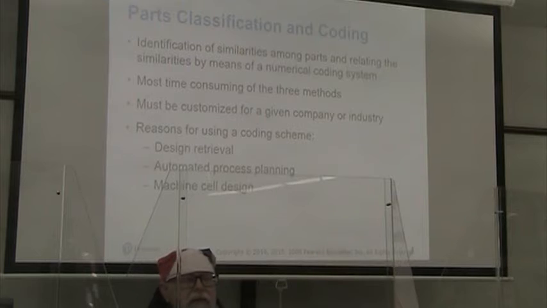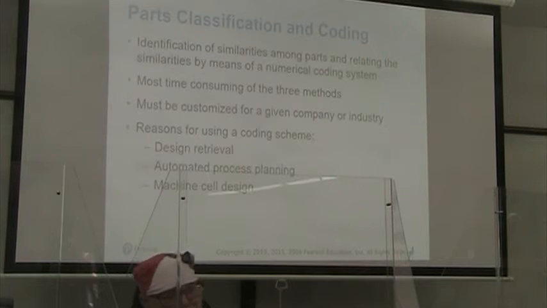So when we use parts classification and coding, our numerical coding system identifies the similarities among the parts and relates those similarities together. This is the most time-consuming method and has to be customized for any given company or possibly industry.